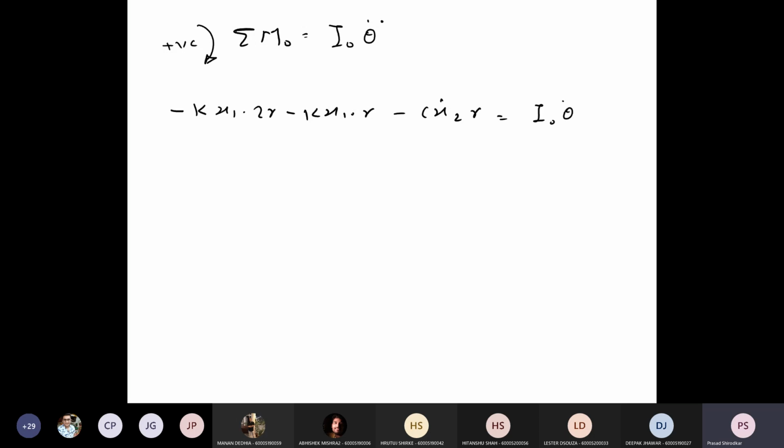So again my equation becomes I0 theta double dot plus, so x1 is 3r theta, so substitute that, and x2 dot is r theta dot. So I0 into c r square theta dot plus total is how much?